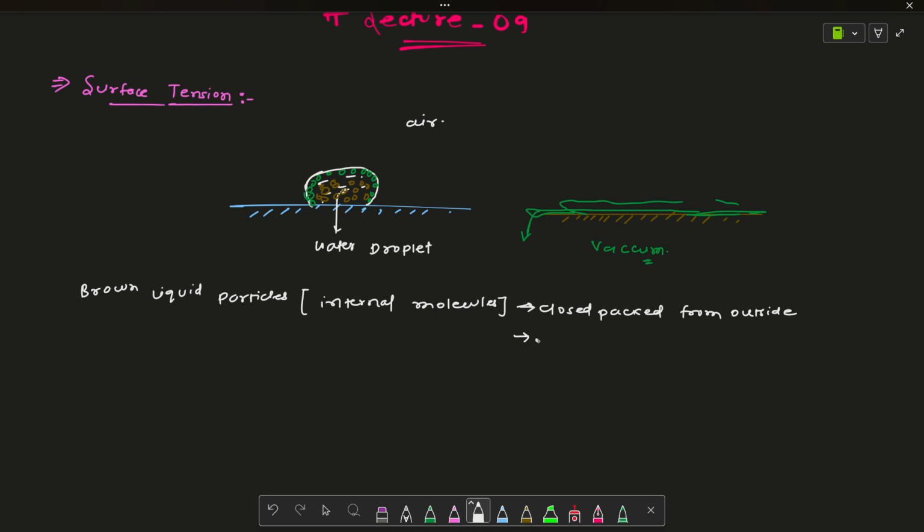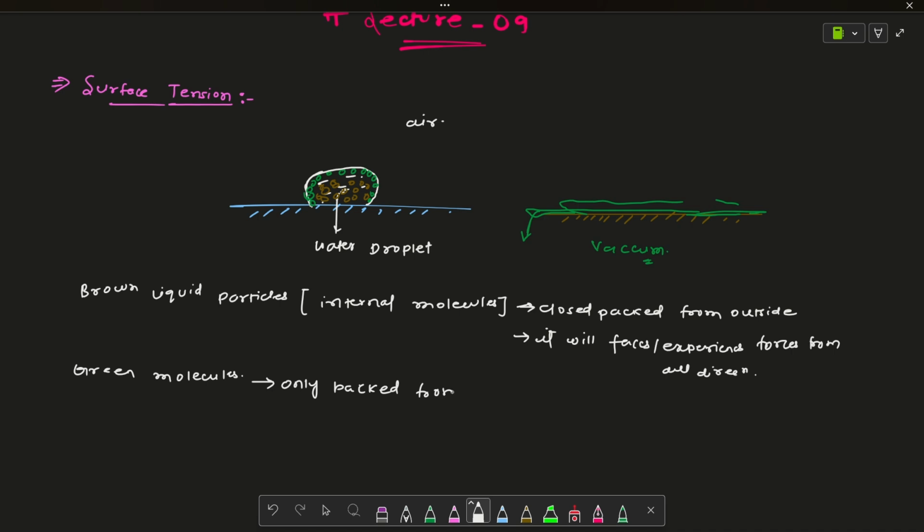So it experiences forces from all directions. But when you see these green molecules, these are packed only from one side.